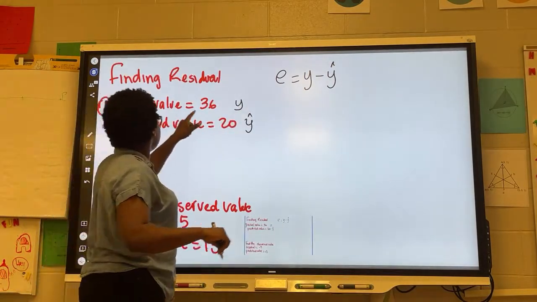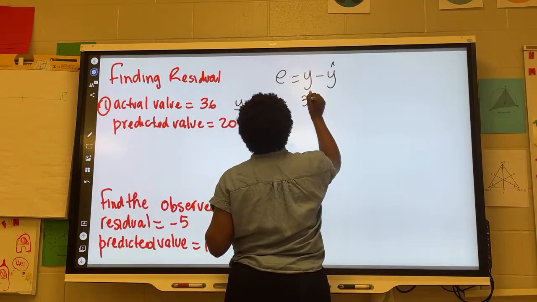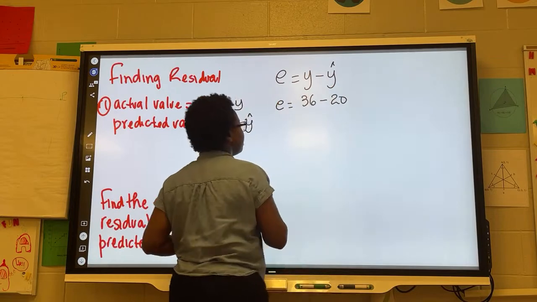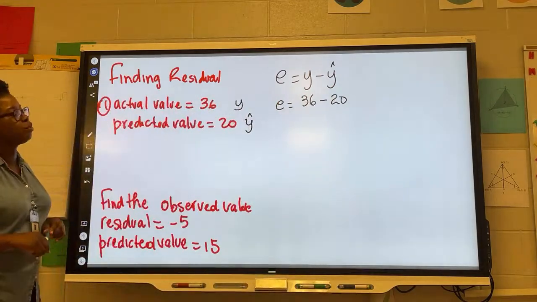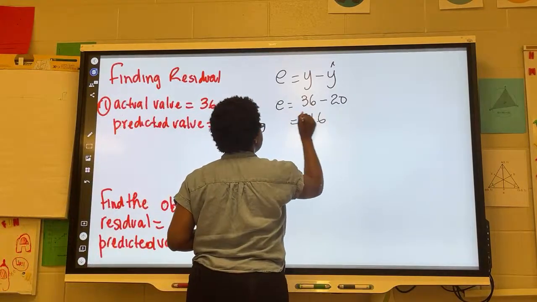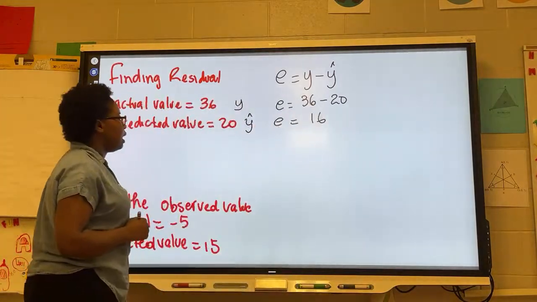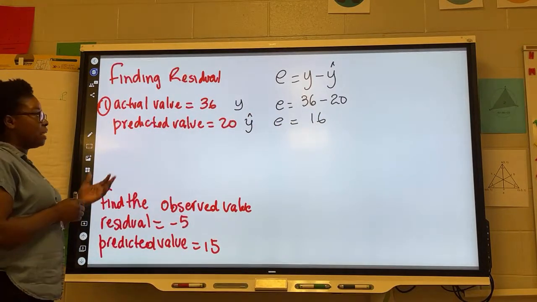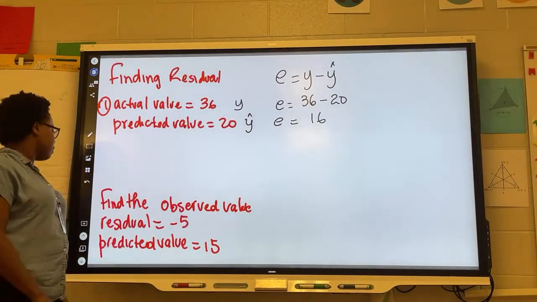So the actual here is 36 and the predicted is 20, so the residual will be 36 minus 20, which is 16. So the residual there is 16, and that's basically it. They didn't explain anything more, so we don't have to go any further.